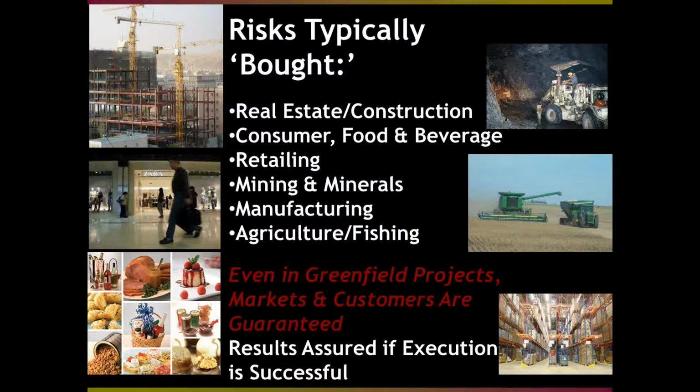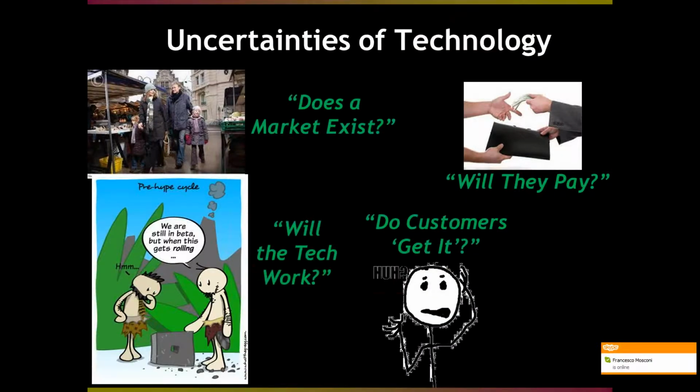And typically risks that they buy include things like real estate, food and beverage, retail, wholesaling, logistics, mining and minerals, manufacturing, because they know that if they are successful in execution, then there are markets and there are customers, and those are guaranteed. And so they will achieve a result if the execution is successful.